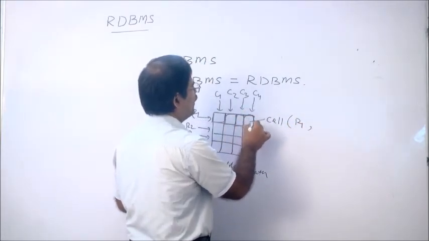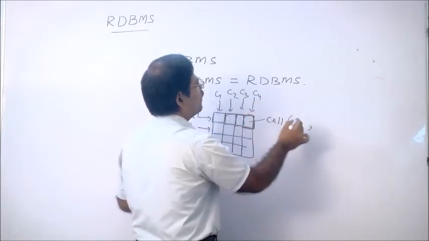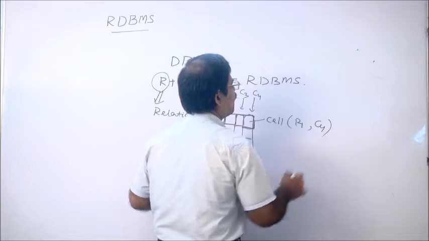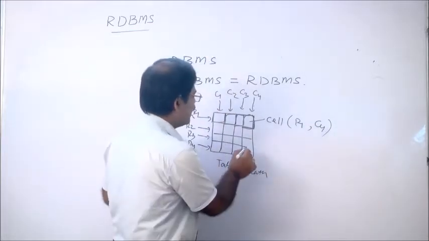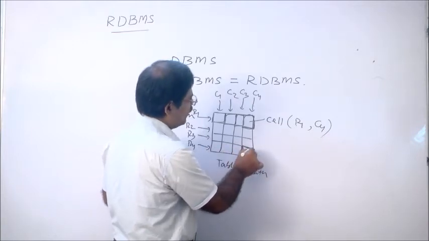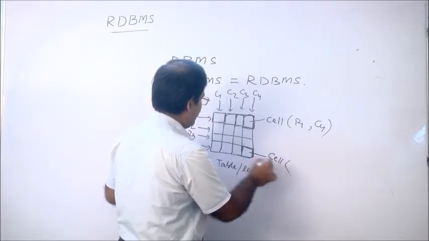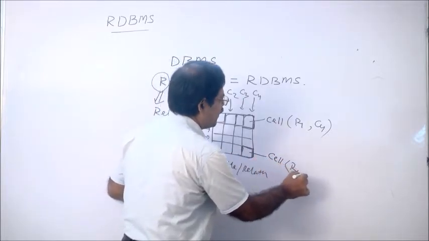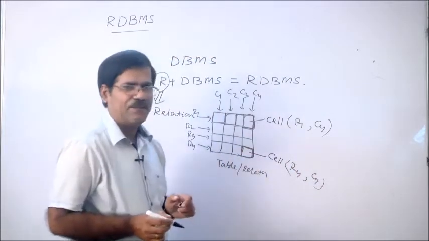So, this cell is present in the first row and the fourth column, C4. Suppose this is another row, the fourth row. Suppose this cell, how to identify it? This is row number 4, and the column is 4. Similarly, you can identify a particular cell.